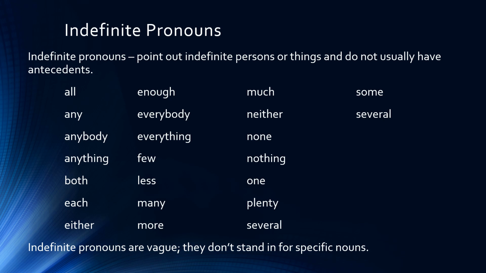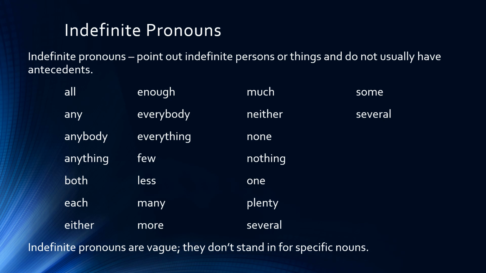All, any, anybody, anything, both, each, either, enough, everybody, everything, few, less, many, more, much, neither, none, nothing, one, plenty, several, some, and again I have the word several, misprinted that.